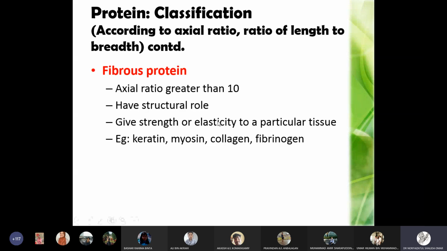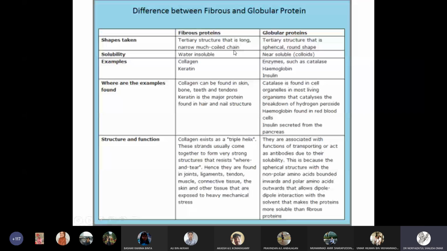So there's a difference between globular and fibrous. Okay, this is another difference between fibrous proteins and globular proteins. So examples here, and where they can be found. This one is mainly in the cell organelles, okay, structure and function. Mainly fibrous protein is for structure, to impart strength to the area.